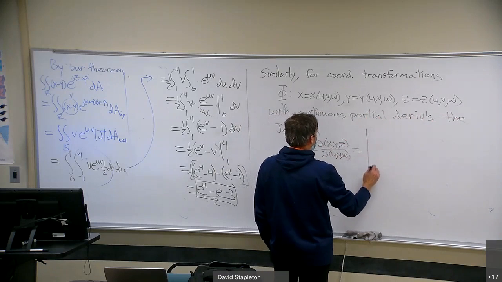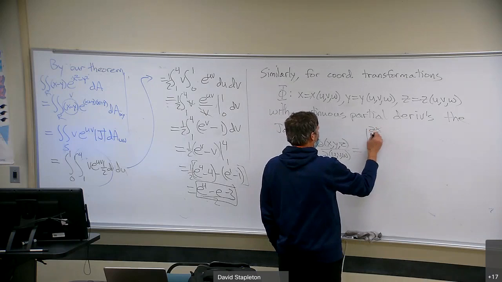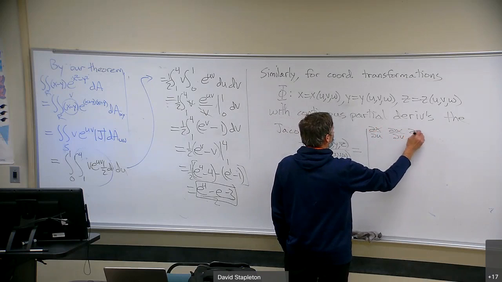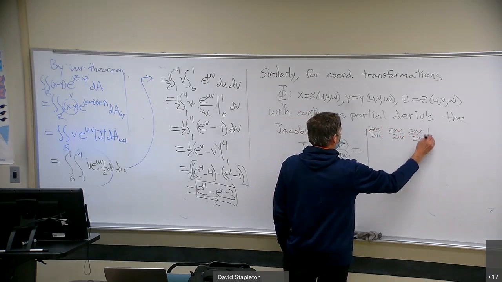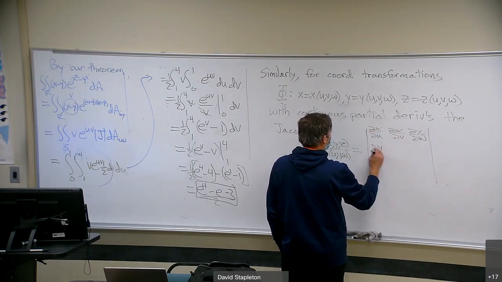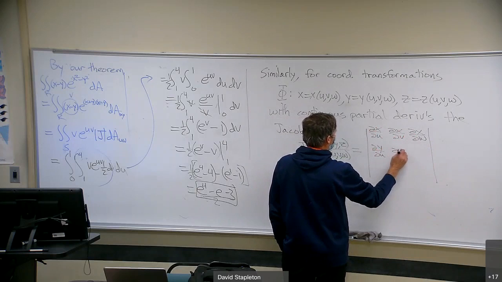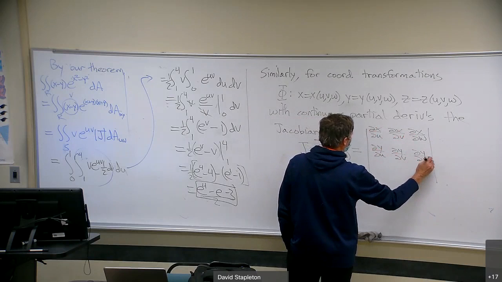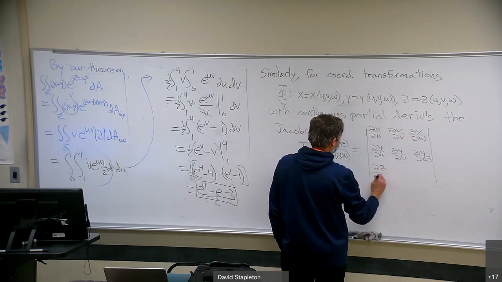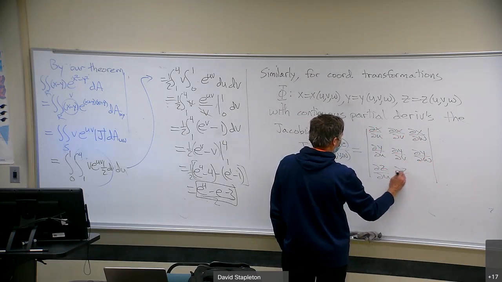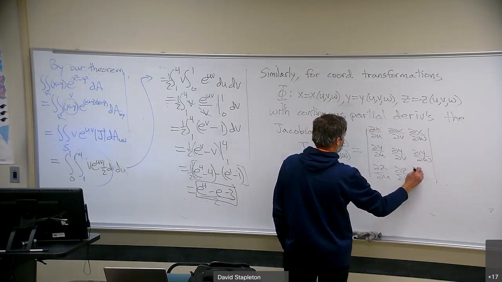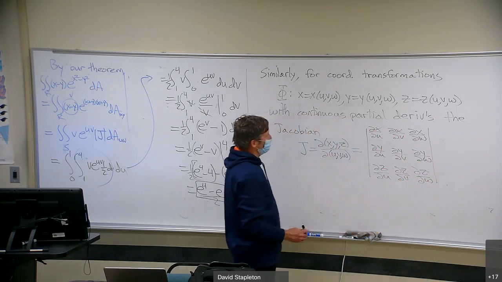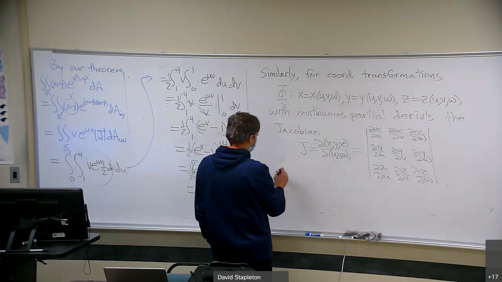It is this 3x3 determinant: dx du, dx dv, dx dw, dy du, dy dv, dy dw, dz du, dz dv, and dz dw. Where the 3x3 determinant is actually harder.